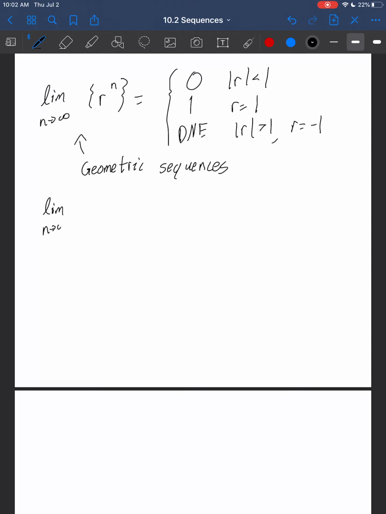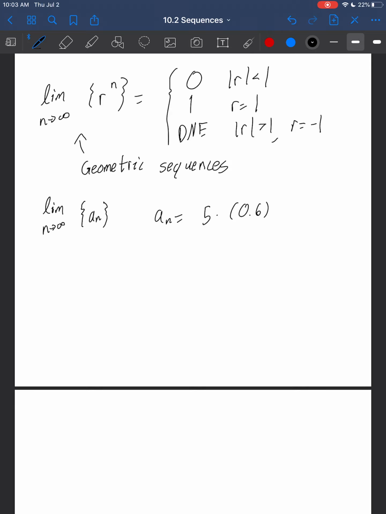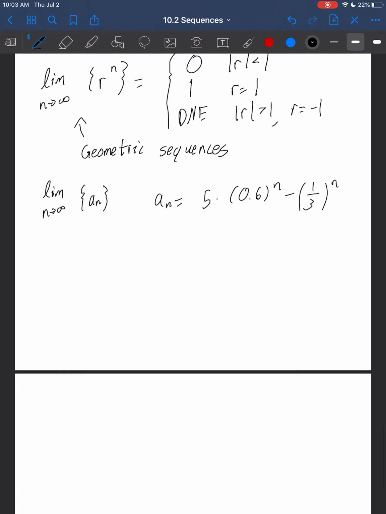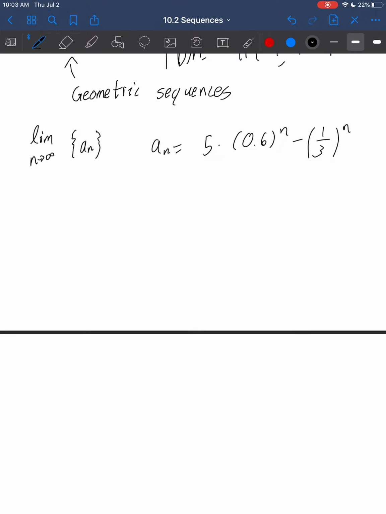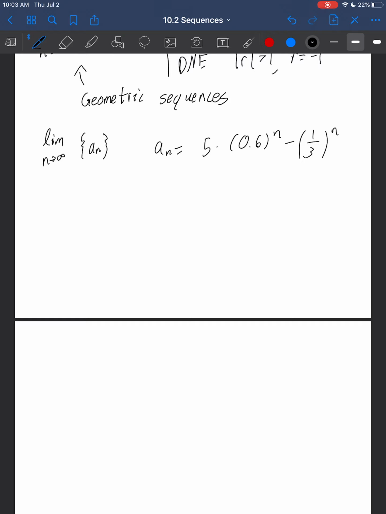So let's look at the limit as n goes to infinity of a sub n, where a sub n is going to be 5 times 0.6 to the n minus 1/3 to the n. And we'd like to know what the limit of this is going to be.